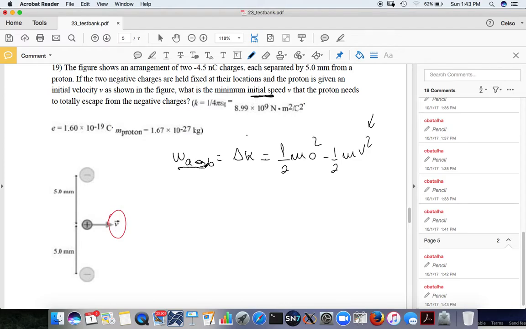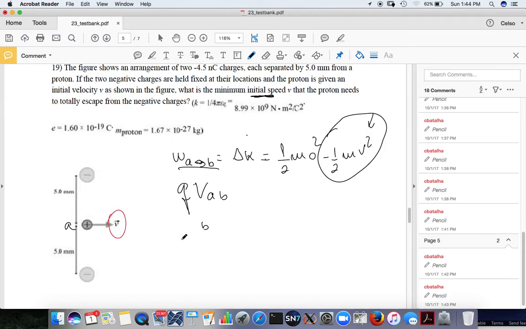So the work is equal to this thing here. But what is the work done by the field? The work done by the field is Q V_AB. And then we have to just determine what is V at the point A and V at the point B, right?